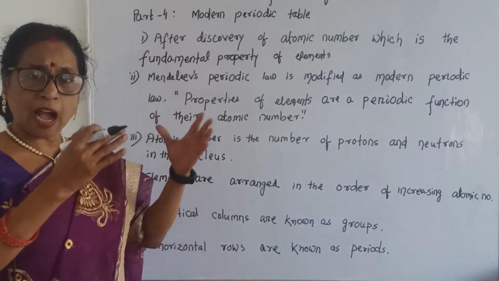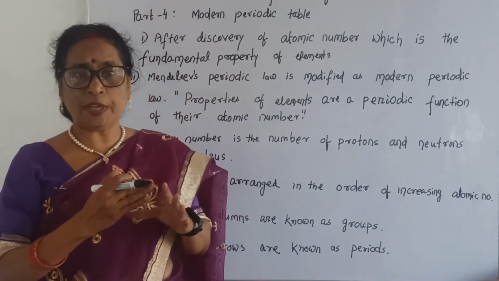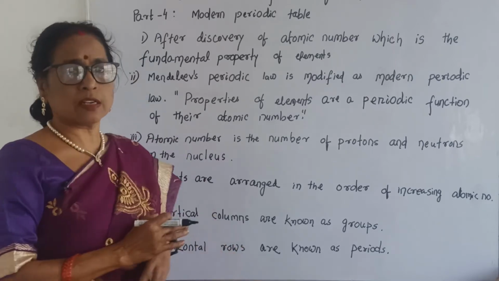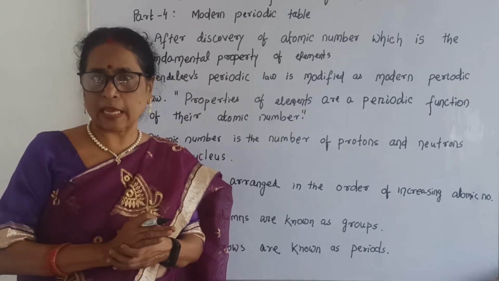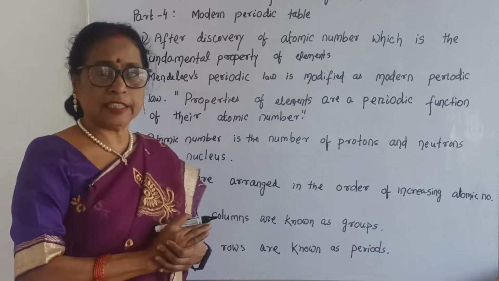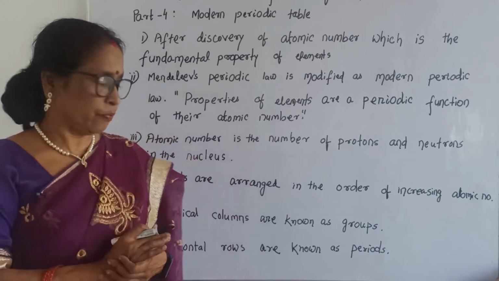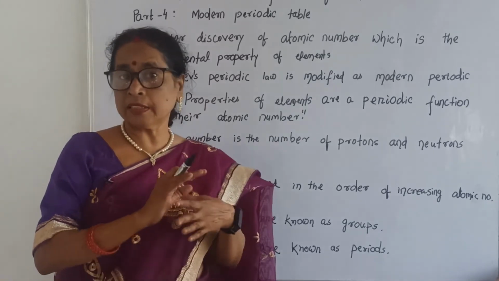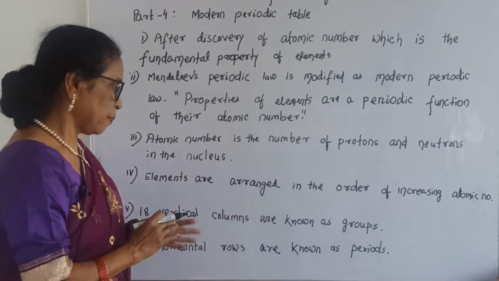Now how many columns and how many horizontal rows are there? There are 18 vertical columns, and the elements present in a column are called a group. Similarly, there are 7 horizontal rows, that is called a period.